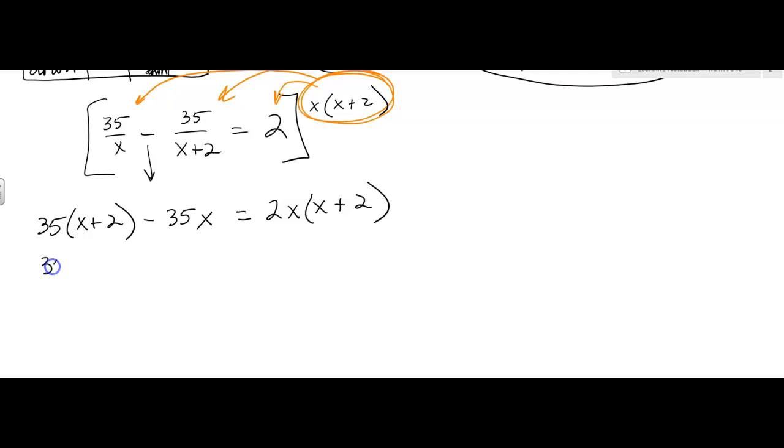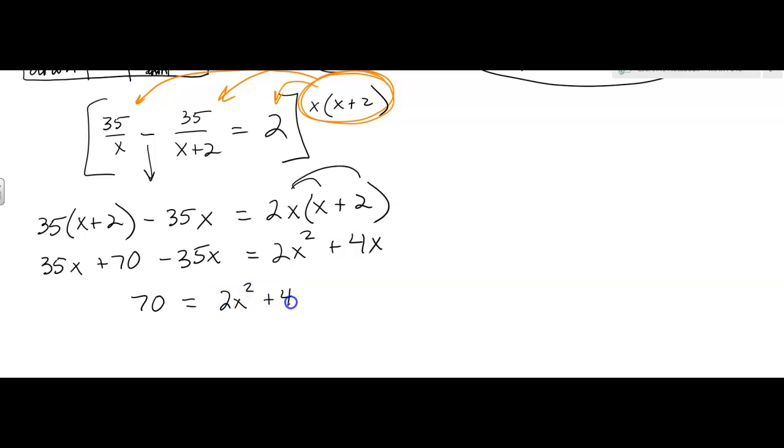Okay, now we work our magic. It's algebra. 35x plus 70 minus 35x, well that's interesting, equals 2x squared plus 4x. Okay, if I simplify, that was the distributing here. You can think about that more if you want. If I simplify the left, I get 70 equals 2x squared plus 4x.